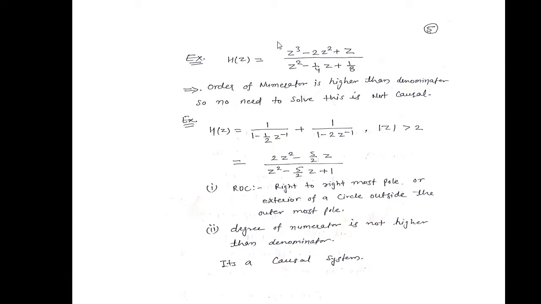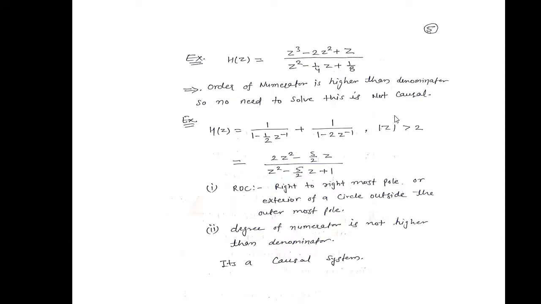In the first question the ROC was not given, and we didn't need the ROC because we could directly solve it as the order is higher in the numerator part compared to the denominator part. In this question we can't judge at first sight what the order of the numerator and the denominator is.